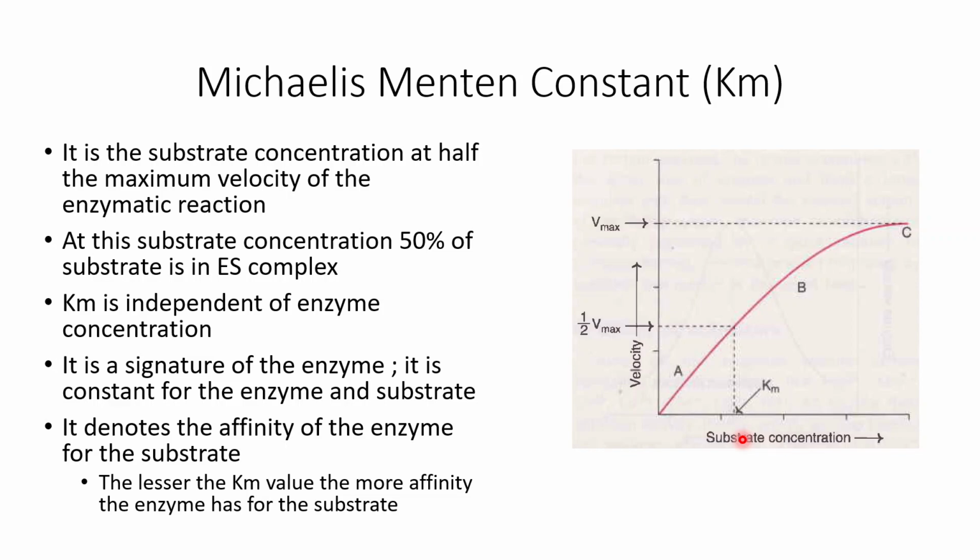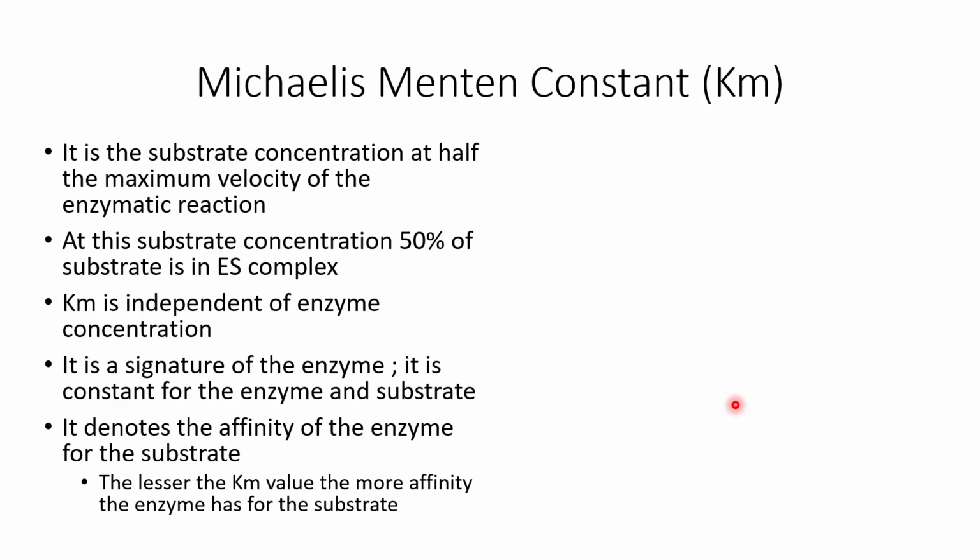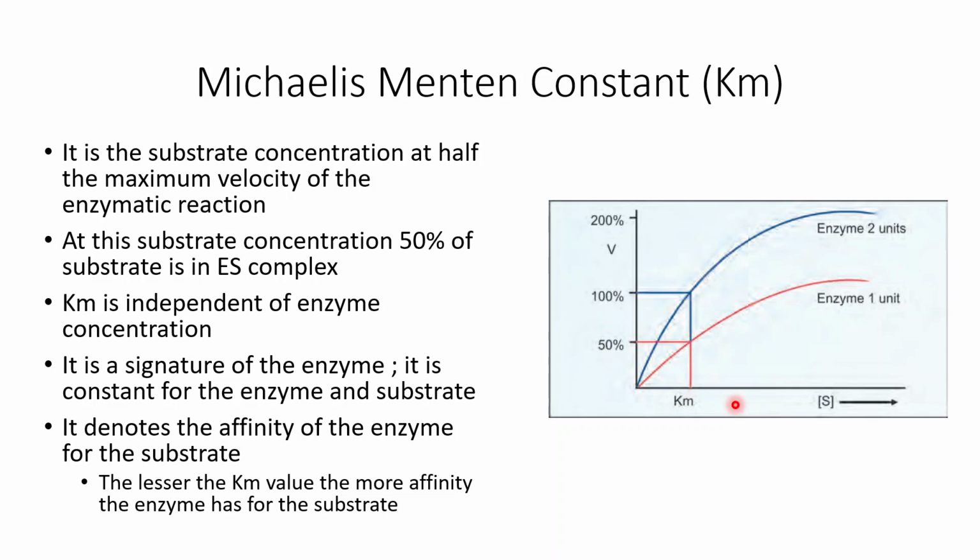Now why is the Michaelis-Menten constant important? For two reasons. One is it is independent of the enzyme concentration. See over here, the red line shows enzyme as 1 unit, the blue line shows the enzyme as 2 units. So we have increased the concentration of enzyme. When the enzyme was 1 unit, the velocity was 100%.